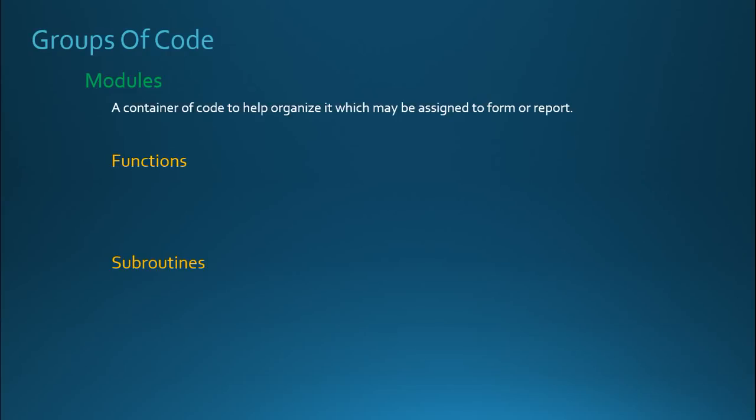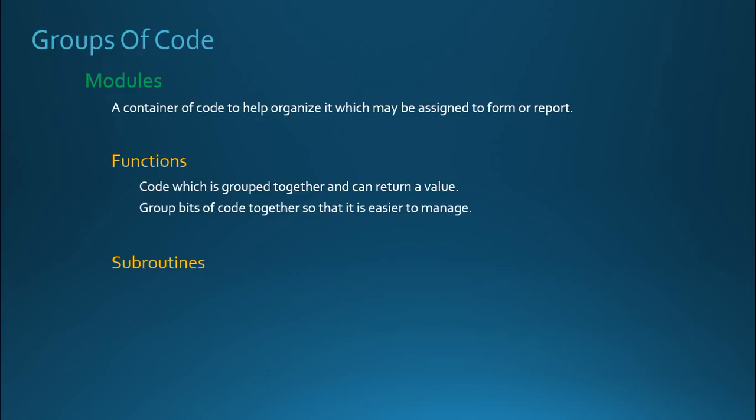So it groups those different events of the story into that chapter. Well, that's the same that you're doing in a module. Well, functions and subroutines are like the paragraphs of that chapter, okay? In a function, you're grouping your code together, and that code is going to return a value. So when you call a function, that code is going to give you back some sort of value.